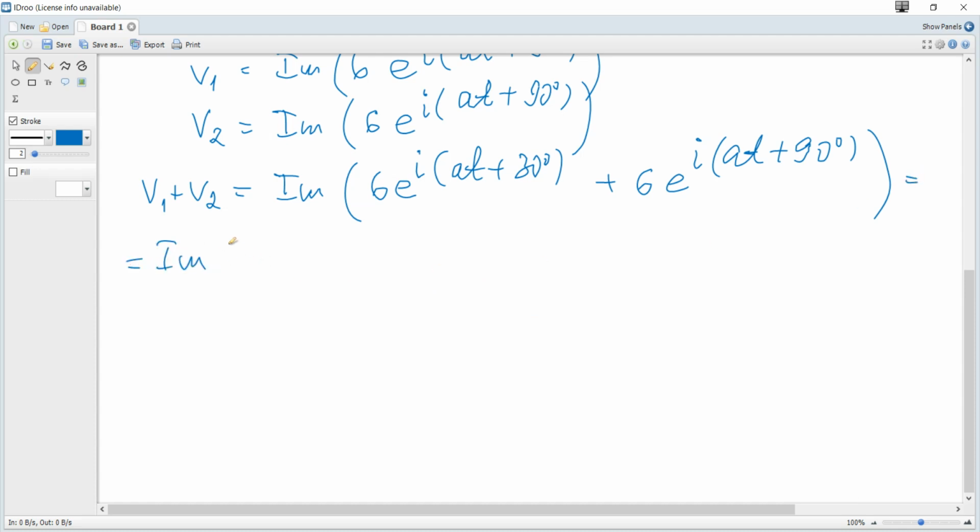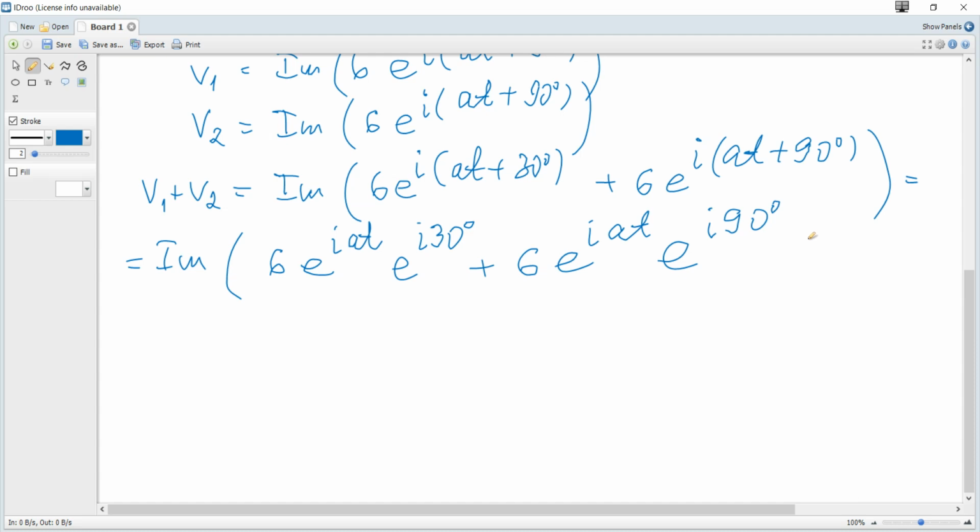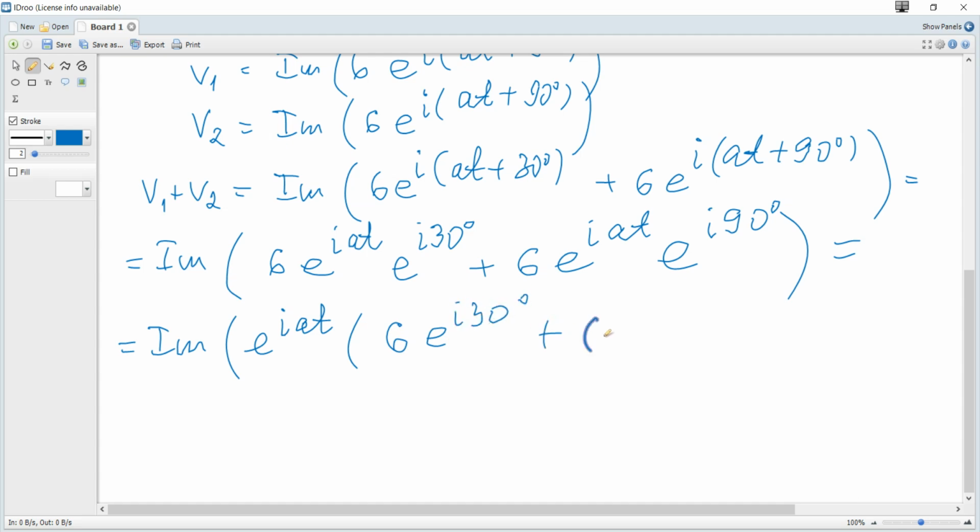So it's the imaginary part of 6e to the power of i80 multiplied by e to the power of i30 degrees plus 6e to the power of i80 multiplied by e to the power of i90 degrees. Now we factor out this e to the power of i80, and it becomes 6e to the power of i30 plus 6e to the power of i90 degrees.